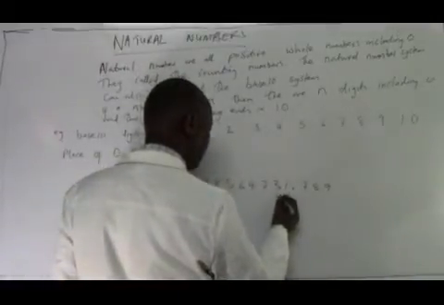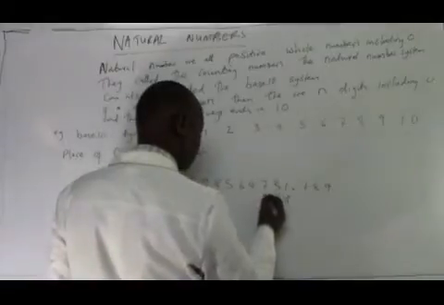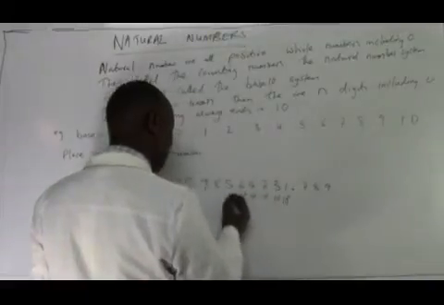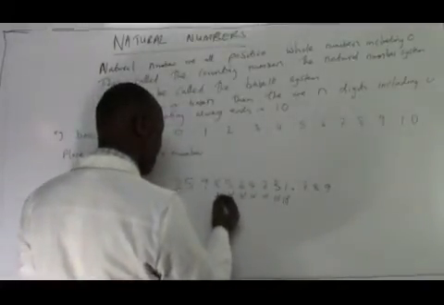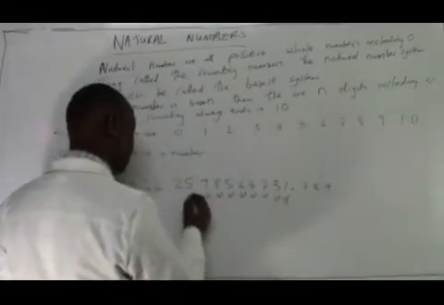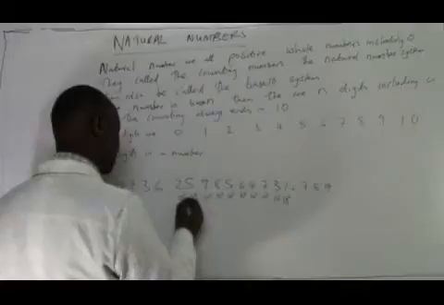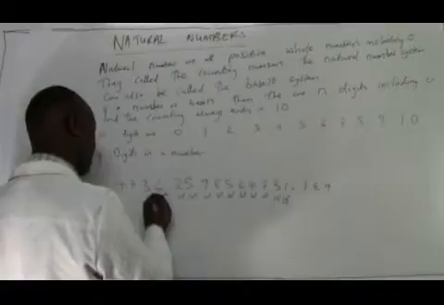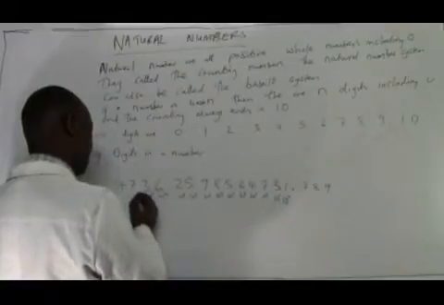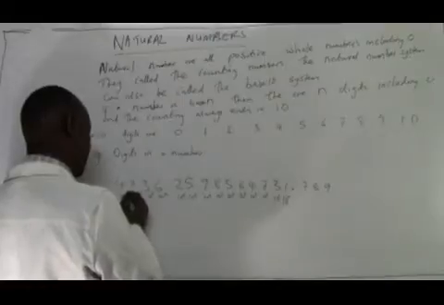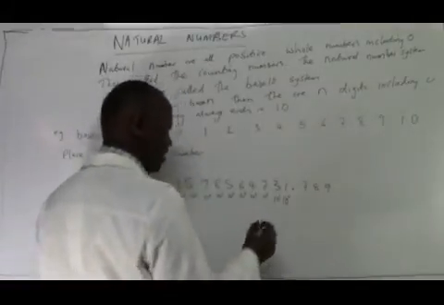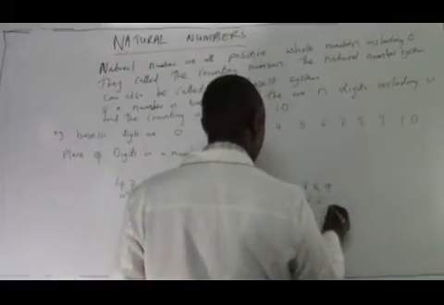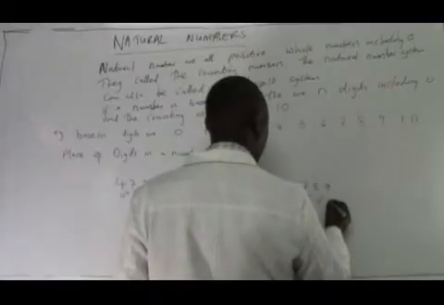The next is 10 to the power of 1, then 10 to the power of 2, 3, 4, 5, 6, 7, 8, 9, 10, 11, 12, and 10 to the power of 13. On this side we can say 10 to the power of minus 1, minus 2, and minus 3.